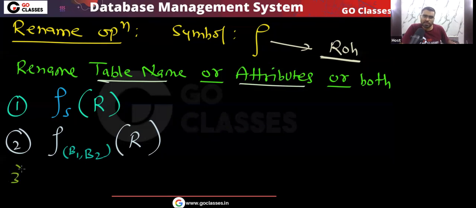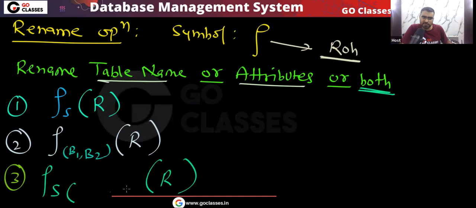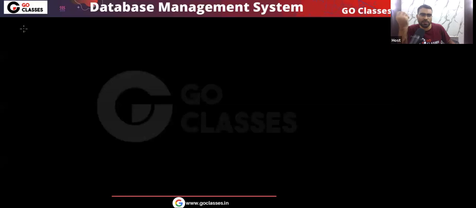And the third, if I want to do both, that is also fine. This is relation R. I want to call it S, and I also want to rename the attributes B1, B2. All of them are fine. So this is a very simple topic.